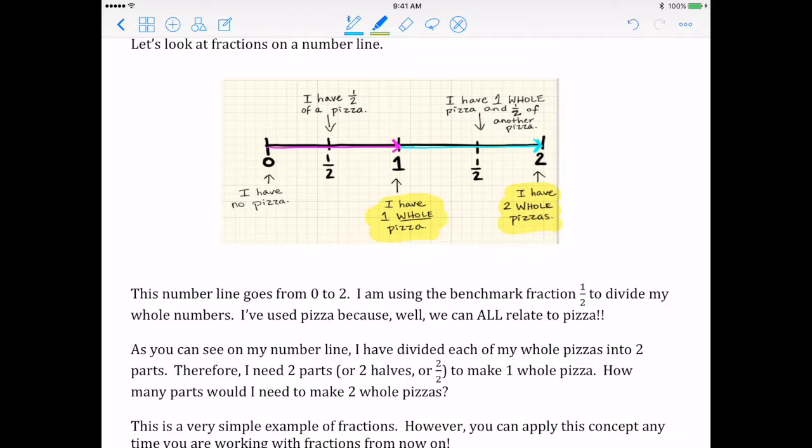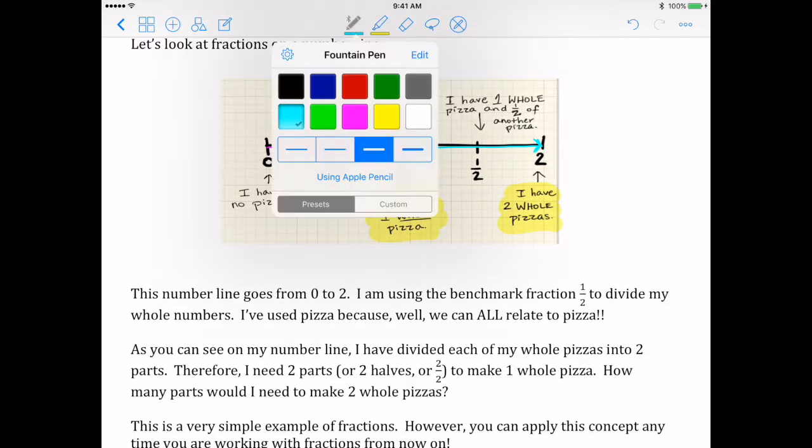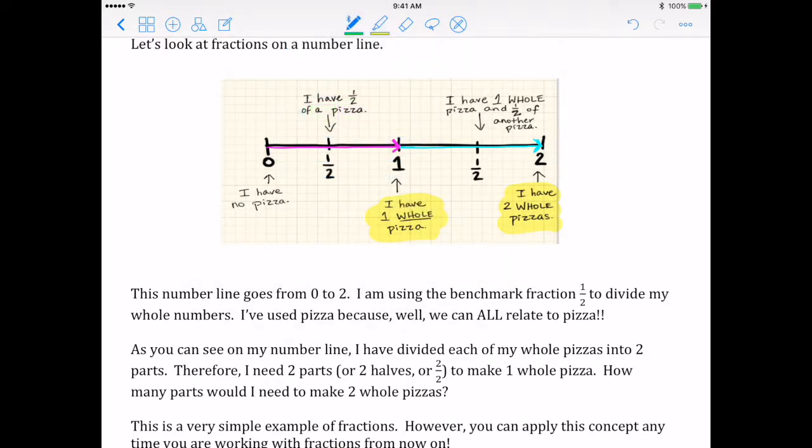So, as you can see on my number line where I've divided the pizza into halves, or into 2 parts, I need 2 parts or 2 halves, or 2/2 as a fraction, to make one whole pizza. So let's switch our colors again.